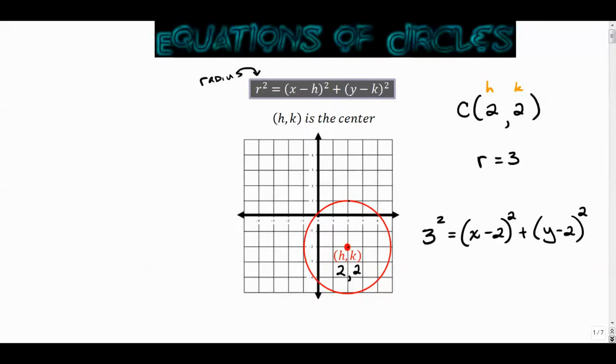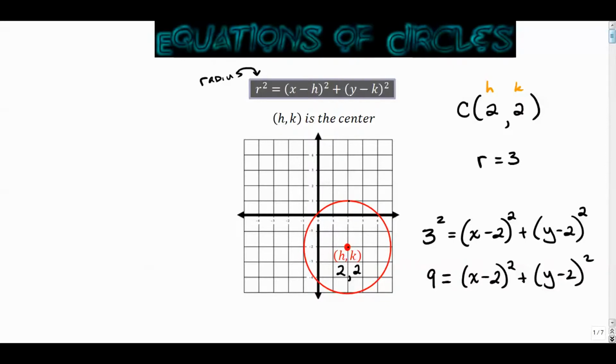And it would be vice versa: if this were a minus 2 in the k, this would be a plus 2 down here in the equation. 3 squared is 9, as we know, so it's proper to simplify that out, but the other quantities just stay that way. So that's the intro to the equation of circles.